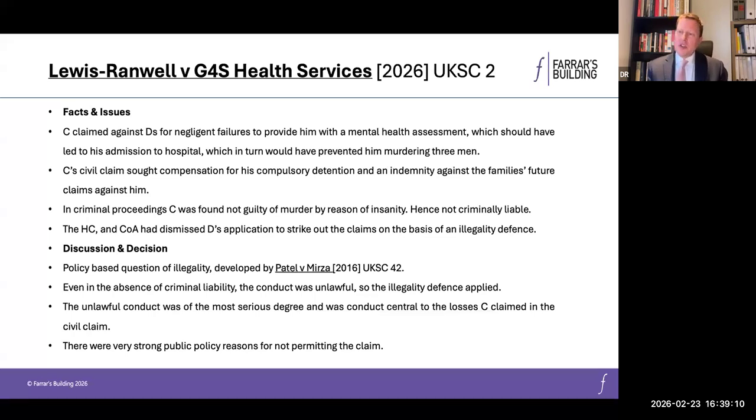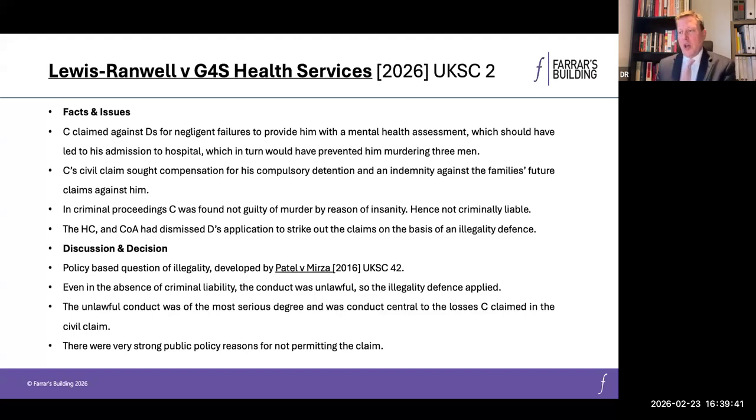And the Supreme Court found that even in the circumstance of this case, where there was an absence of criminal liability, the conduct was unlawful conduct. And so the illegality defence still applied. And certainly the unlawful conduct was of the most serious degree imaginable. And the unlawful conduct was central itself to the losses that were being claimed in the civil claim.